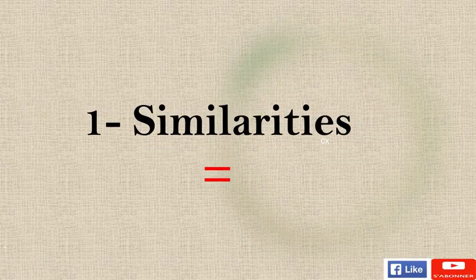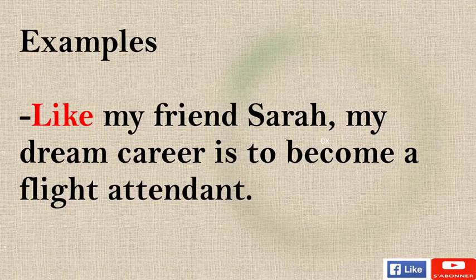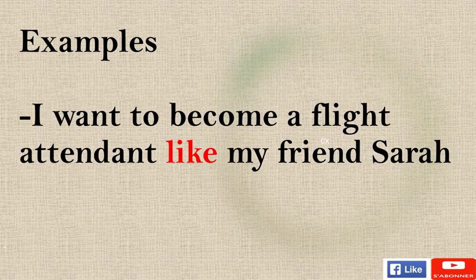Let's start. So when we say similarities, it means having same thing, having equalities. For example, like my friend Sarah, my dream career is to become a flight attendant. هنا كما راكم تلاحظوا عندي حلم مشترك مع صديقتي سارة.